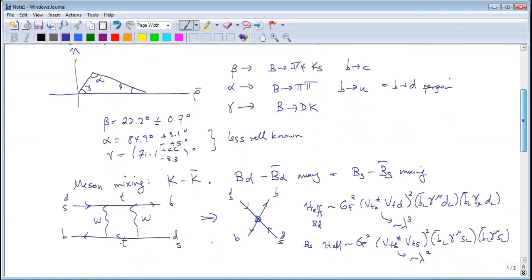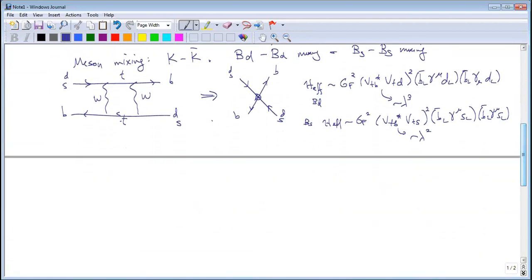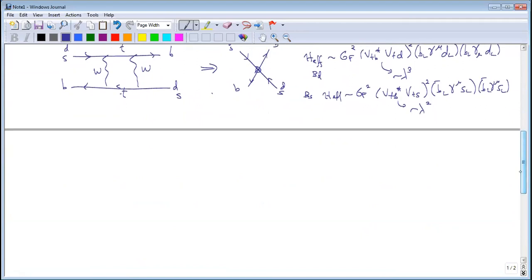Okay. So let's talk just a little bit about the formalism of the meson mixing. In particular, I just want to refer anybody interested in learning more about this to any of the reviews and lectures by Yossi Nir.